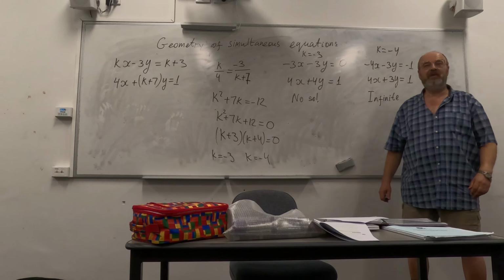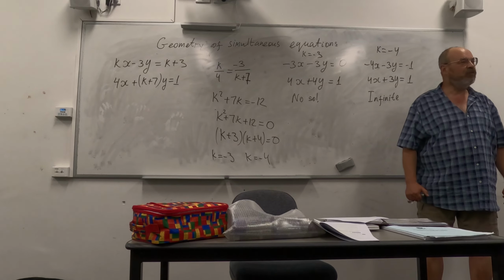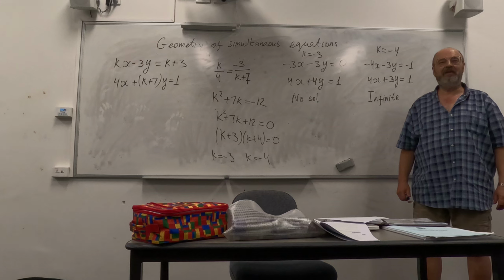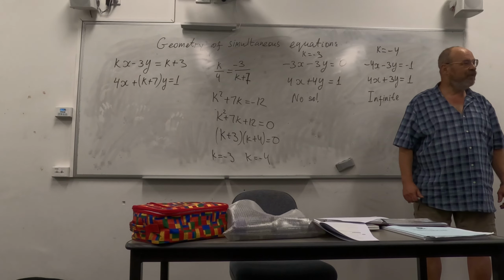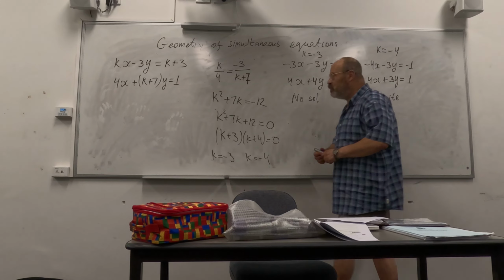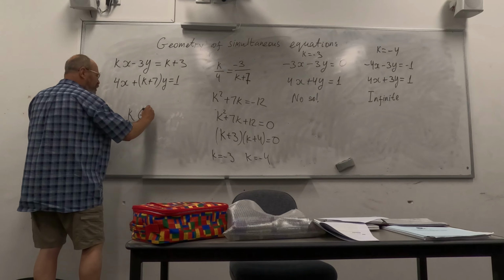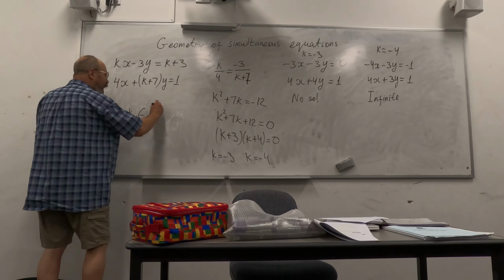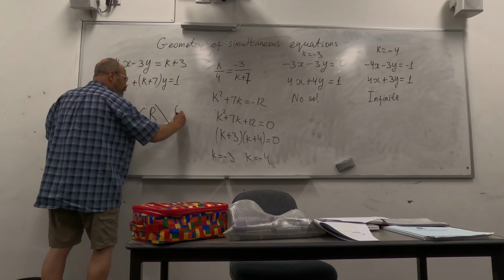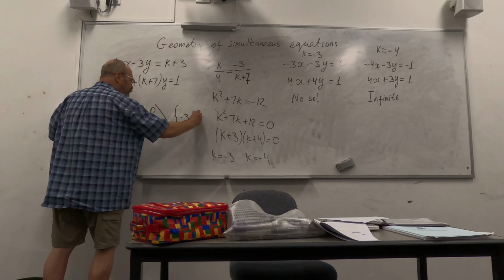What will be the answer? For which values of k will there be a unique solution? Anytime k is not negative 3 or negative 4. So k belongs to the real numbers except negative 3 and negative 4.